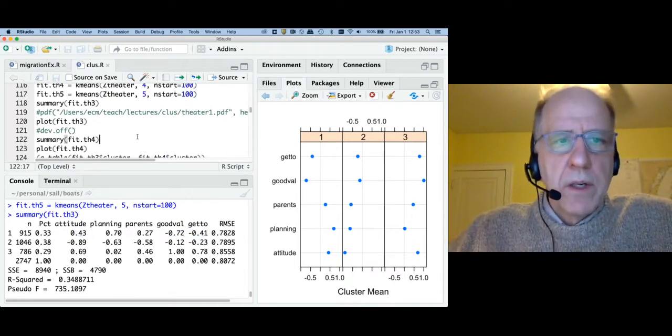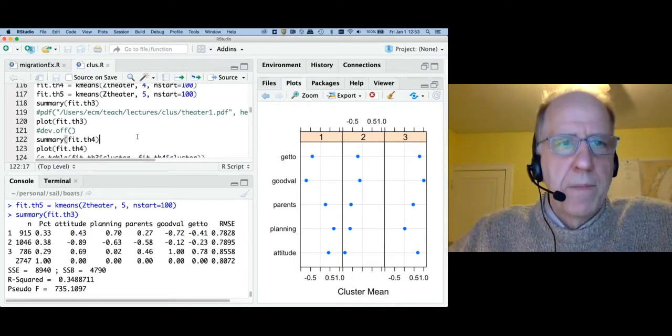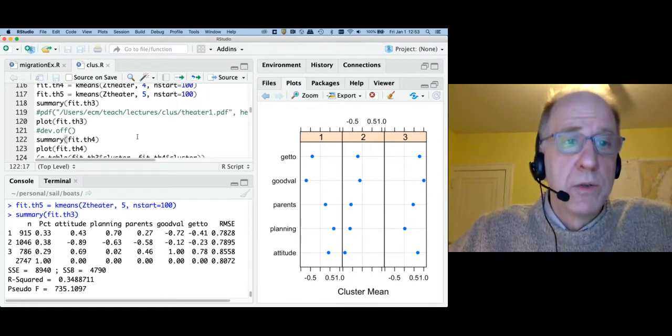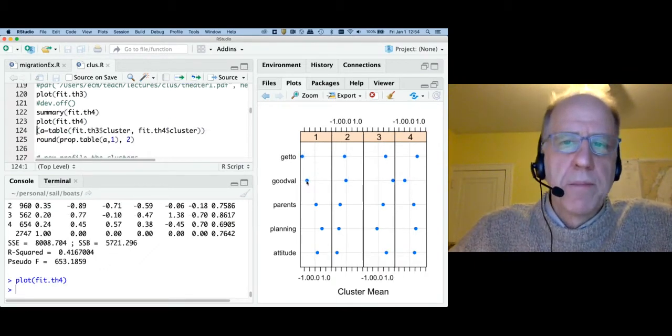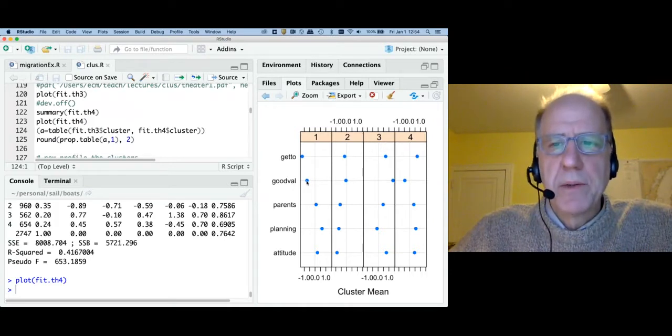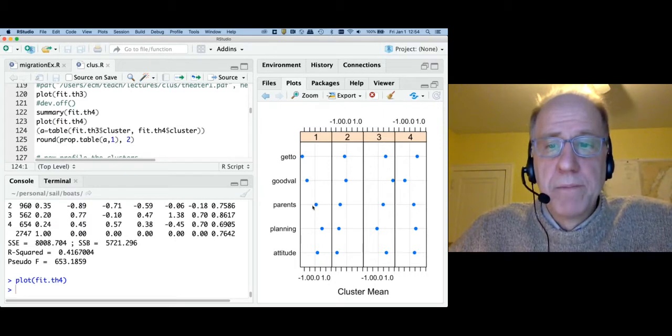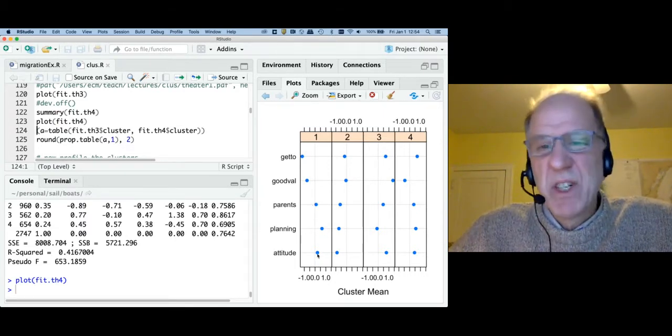Well, if we're going to choose the number of clusters, I should also look at the 4-cluster solution. So cluster 1 complains about getting there, has a pretty low mean on perceived value. Parents were neutral, average early socialization, a bit above average on planning, kind of average attitude though.